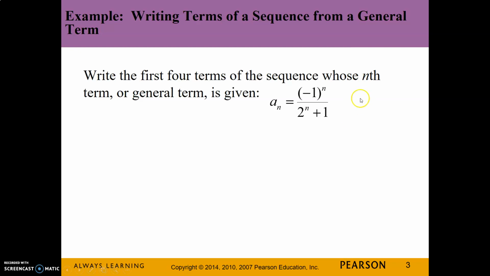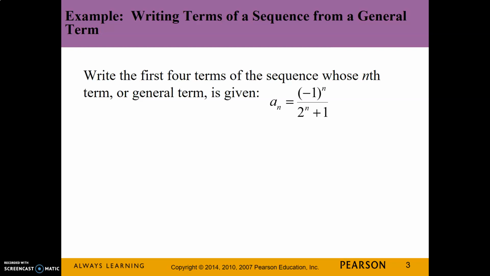But what's nice is this formula, whatever number I plug n in, gives me that respective term of the sequence. So for instance, if I wanted the 12th term, a sub 12, I would plug 12 into the general term, simplify it, and that value I get out would be my 12th term. And that would work for any n value I want.